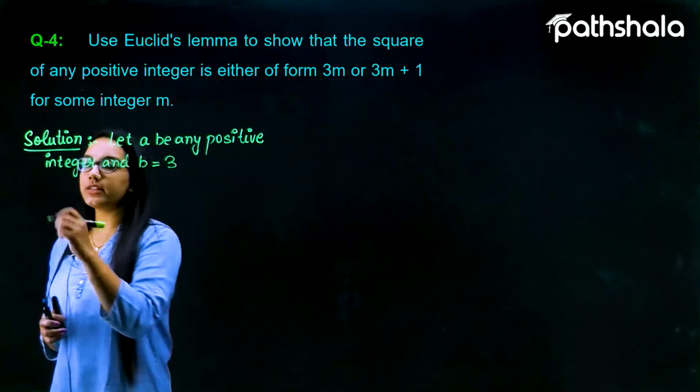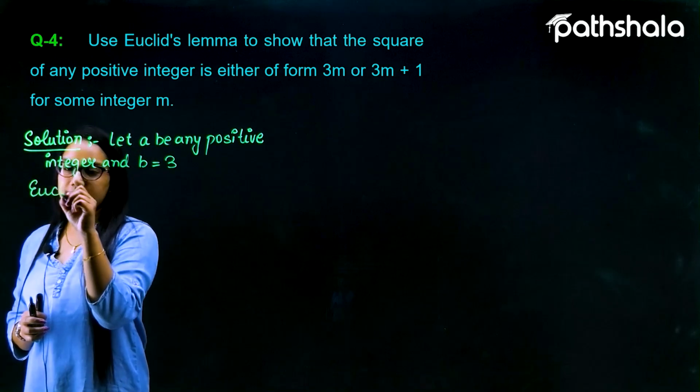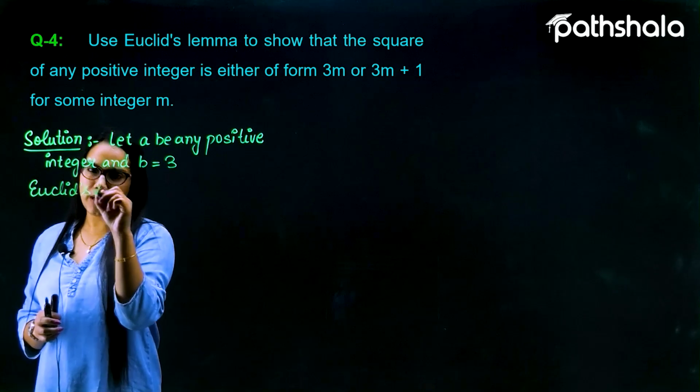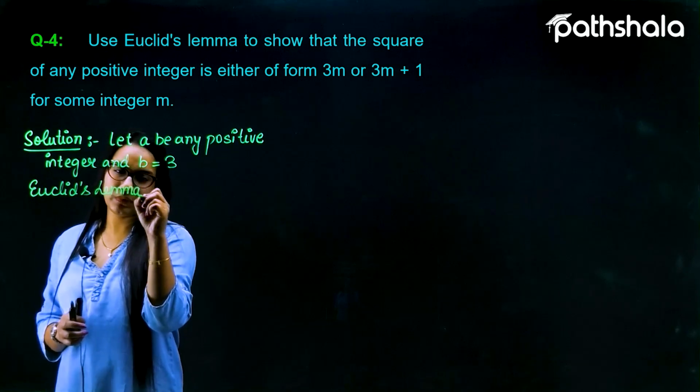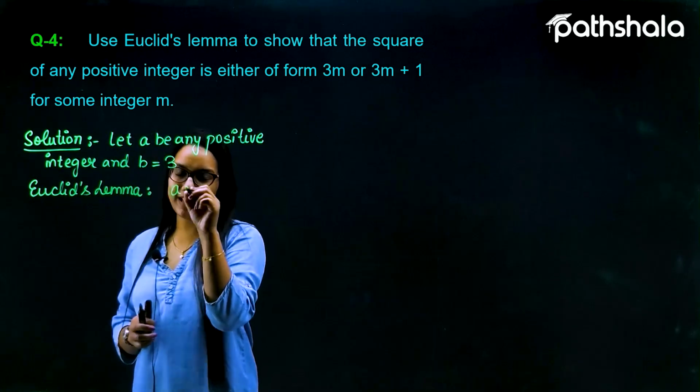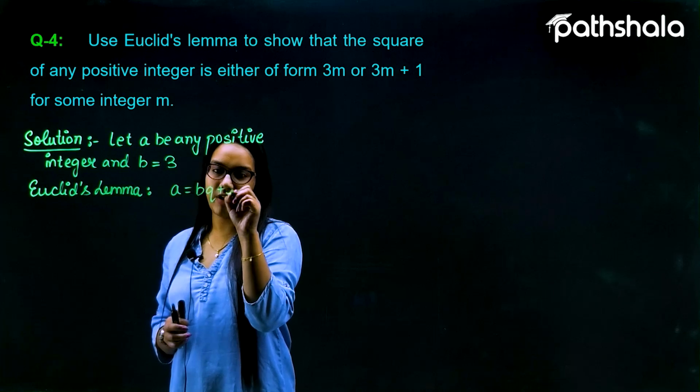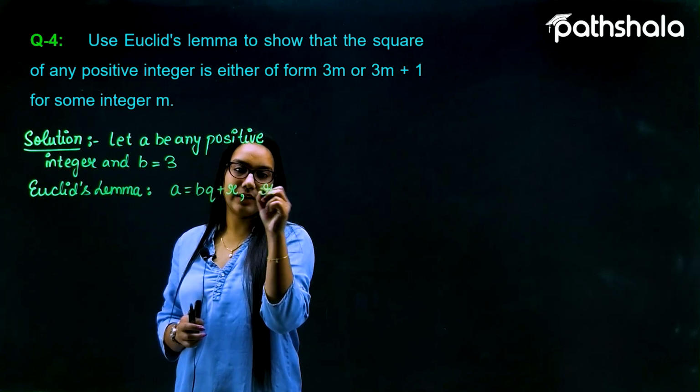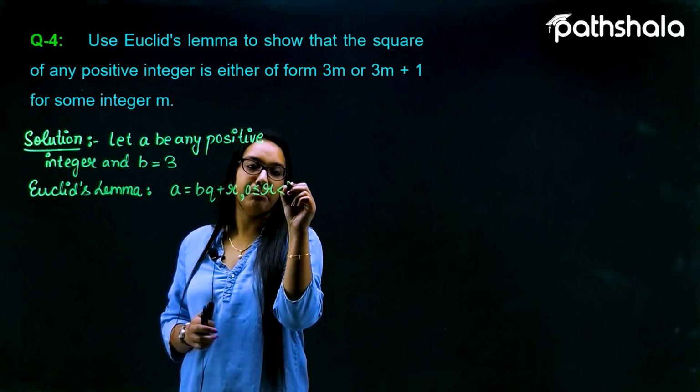So by Euclid's lemma, we know that a can be of the type bq plus r, with the condition that the value of r lies between 0 and b.